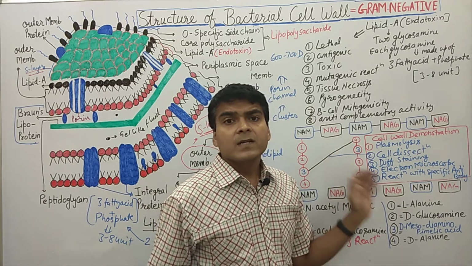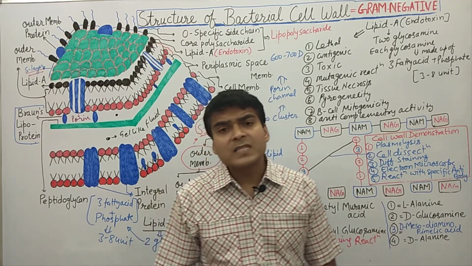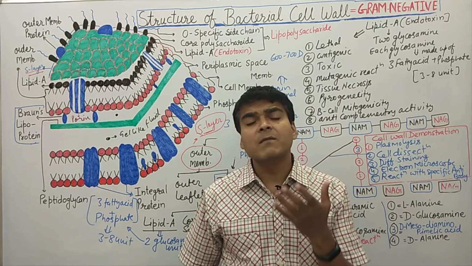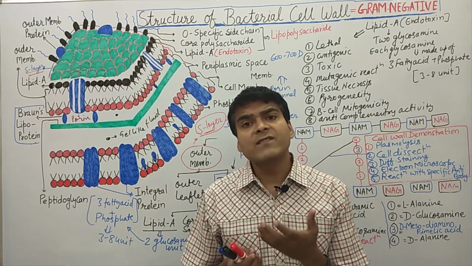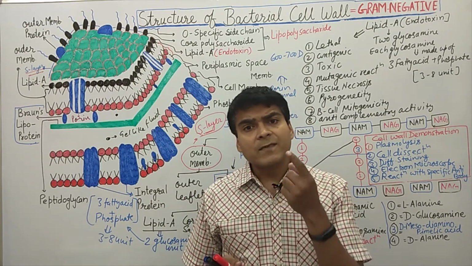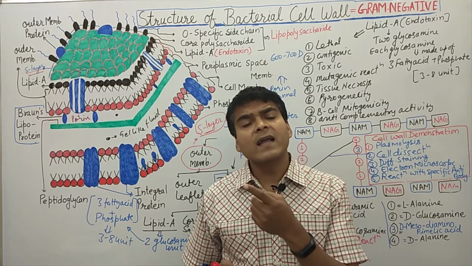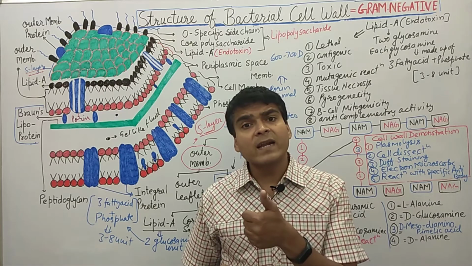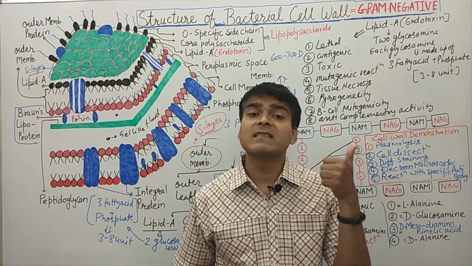Okay everyone, in this lecture I discussed the structure of the gram-negative bacteria cell wall, and I showed you some differences. The first difference is in the peptidoglycan layer. Peptidoglycan layer is thin in gram-negative bacteria and thicker in gram-positive bacteria.